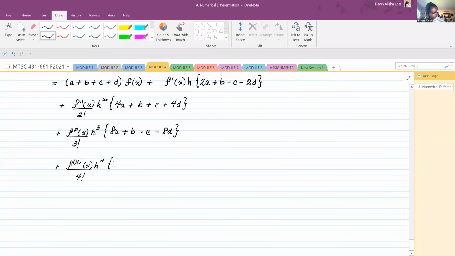So that's going to be 16A plus B plus C plus 16D. And then I have plus something that is order h to the 5th left. Okay, any questions so far?